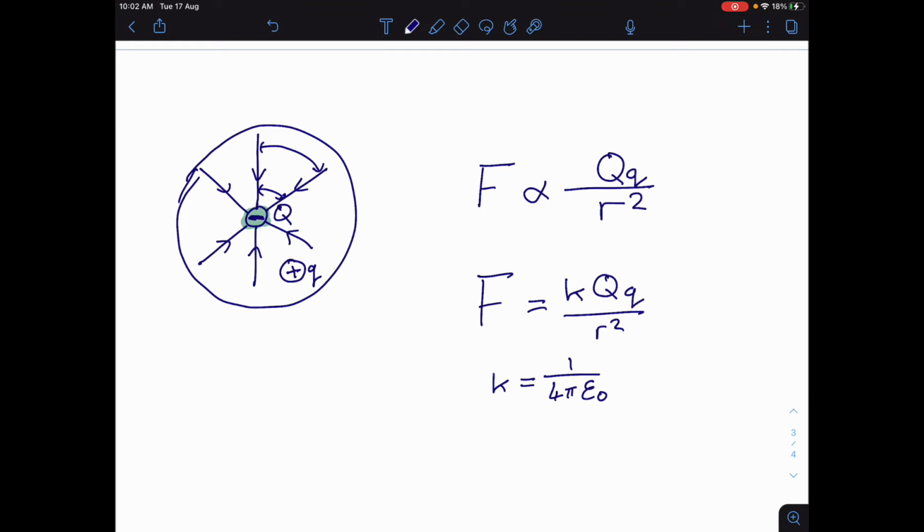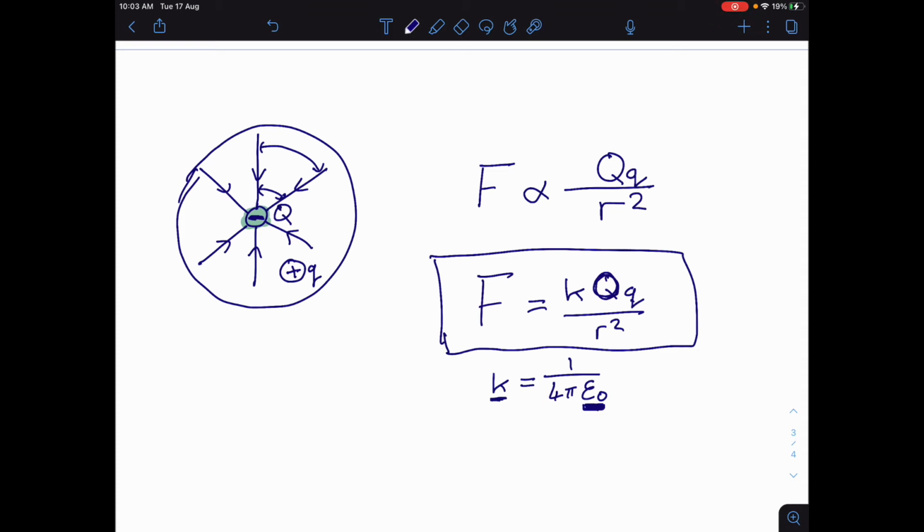So in air or a vacuum, we use the permittivity of free space, epsilon naught, which is a value in your data book. The value of K is also in your data book. Be careful, there are a couple of Ks in there, so be careful you're using the right one. This one's Coulomb's constant. Permittivity means how easily a field can pass through, and this is the permittivity of free space, which is air or a vacuum. So this gives us an expression for the electric force experienced by an object of charge q in an electric field created by a charge of big Q.